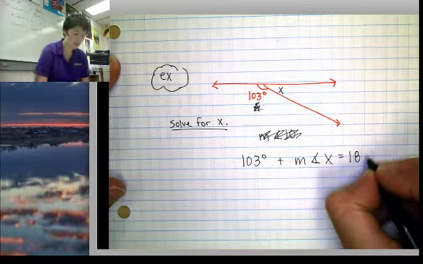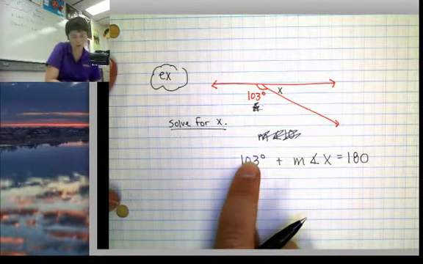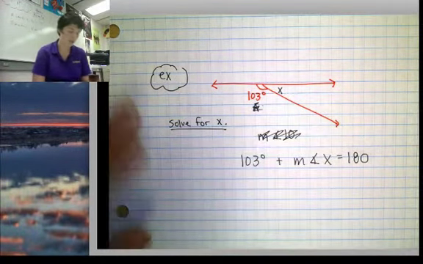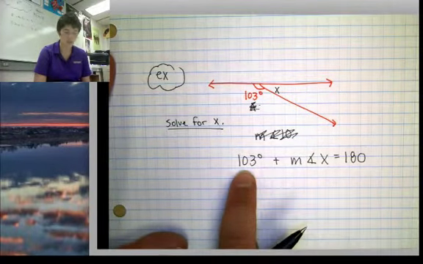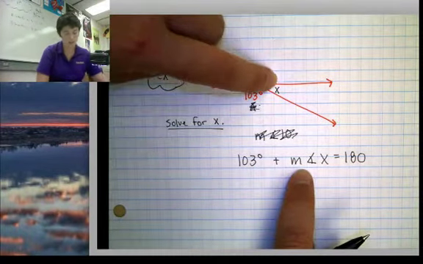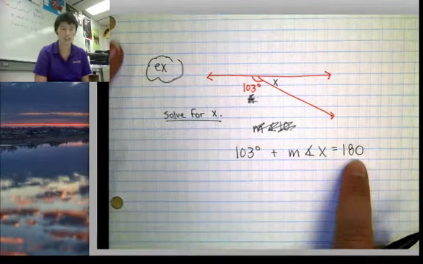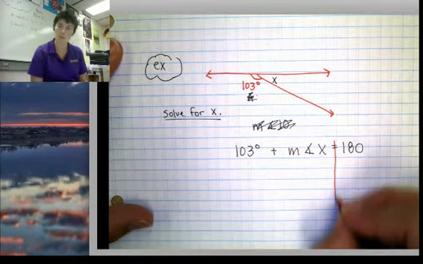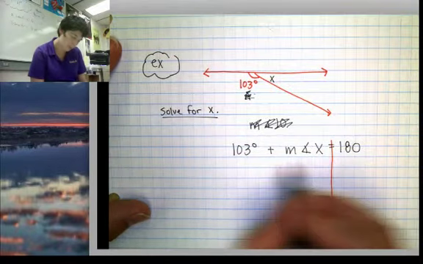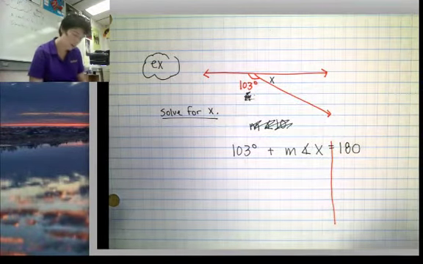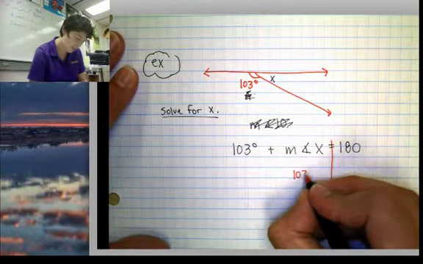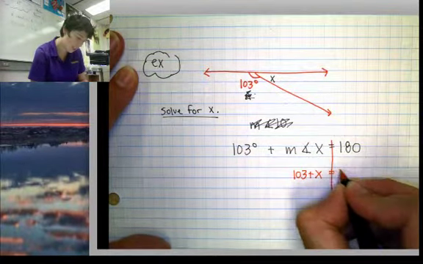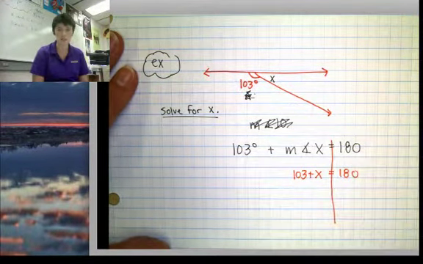180 altogether. So we already know the measurement, so I didn't want to use an M. Didn't mean to make that confusing, but 103 degrees plus the measurement of this one that I don't know has to equal 180. And this is an algebra problem. It's kind of like solving for X. If I want to simplify this so it doesn't look so messy, I can write 103 plus X equals 180. This is going to be a quick solve.